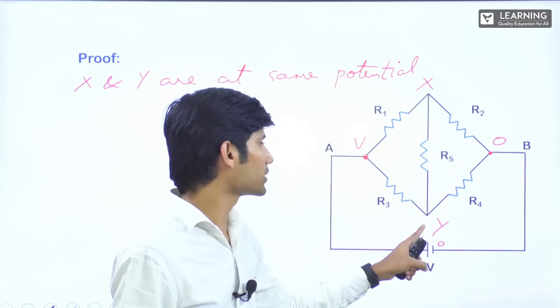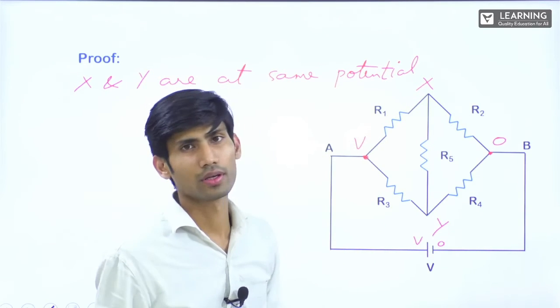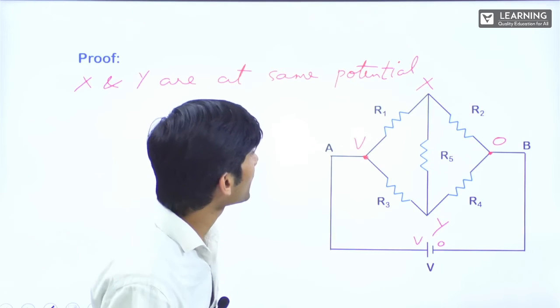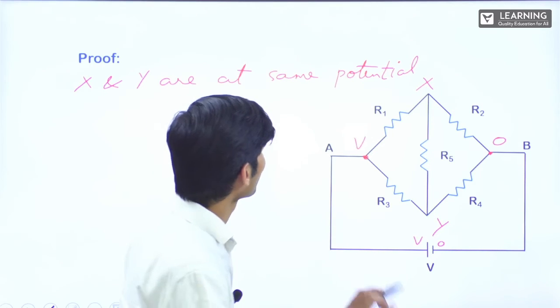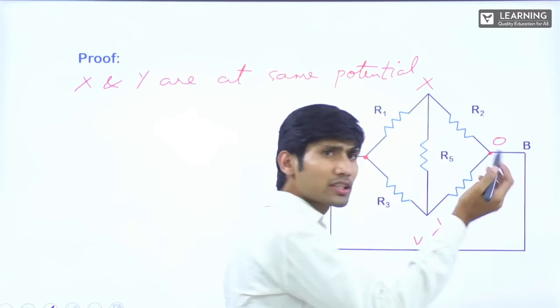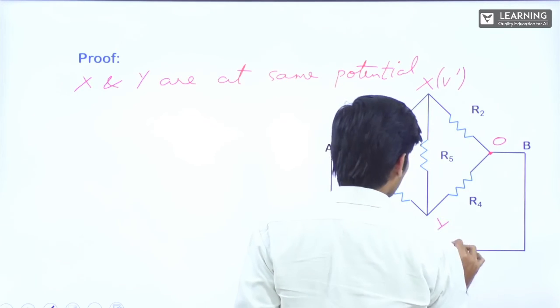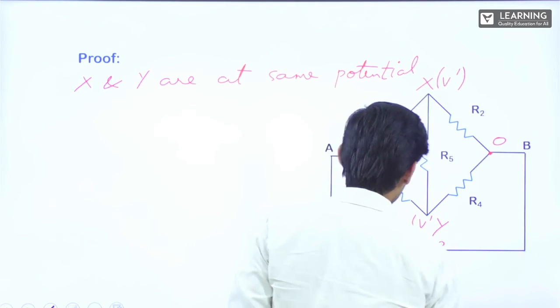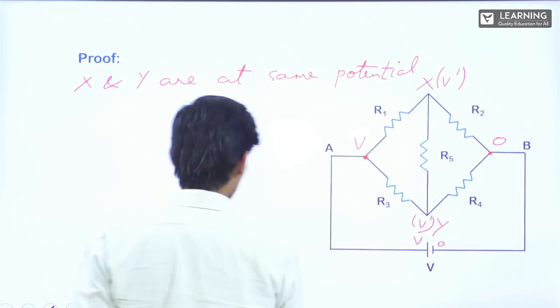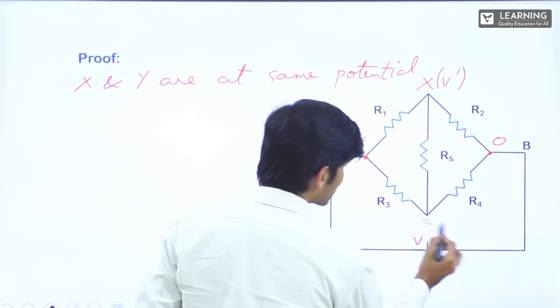This is at some potential, and this is also at the same potential as this. Let's take this potential as V dash. This is also at V dash.